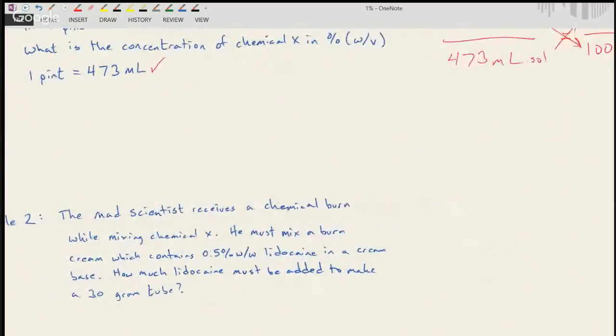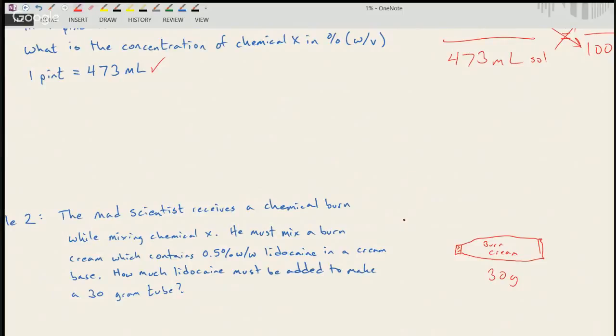So how would we set up this problem? We have a tube of burn cream that we want to make. It weighs 30 grams. Let's assume that the cream inside of the tube weighs 30 grams.